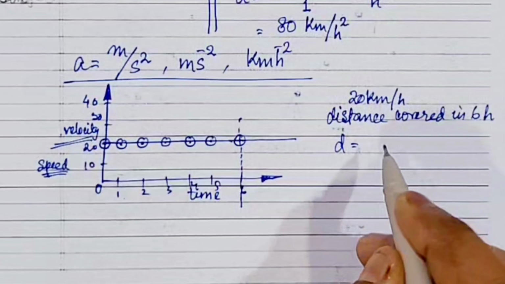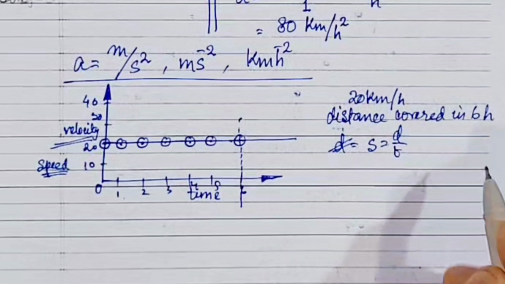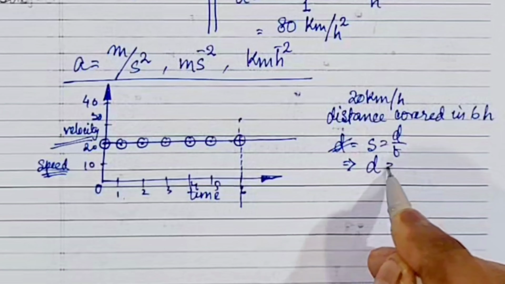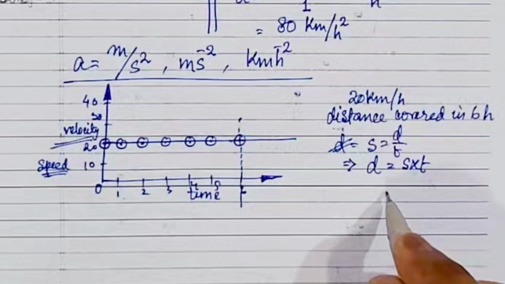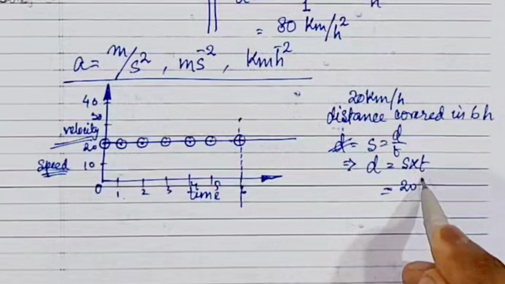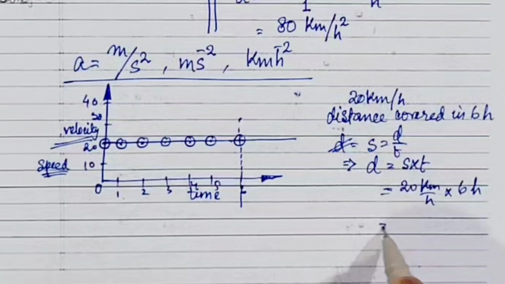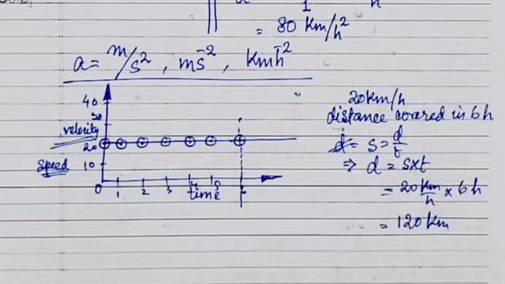You knew that speed equals distance by time. That means distance equals speed multiplied by time. Speed was 20 kilometers per hour multiplied by 6 hours. That means 120 kilometers. So now you know the value of the distance.